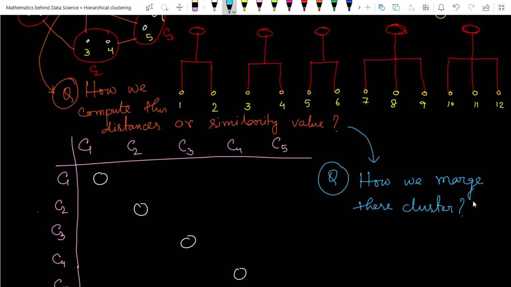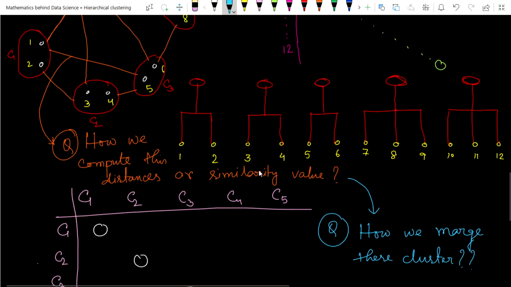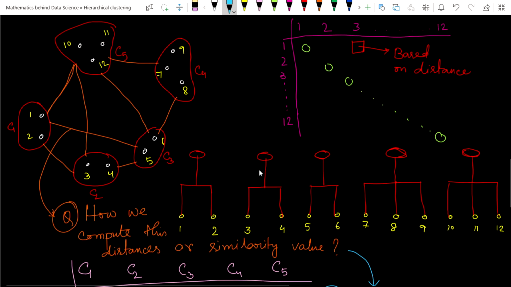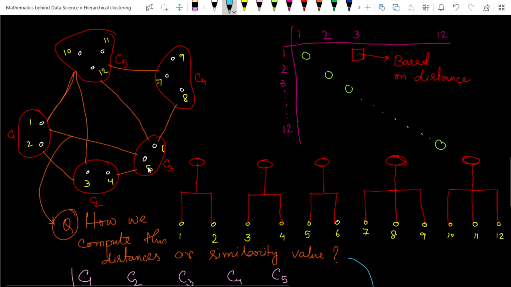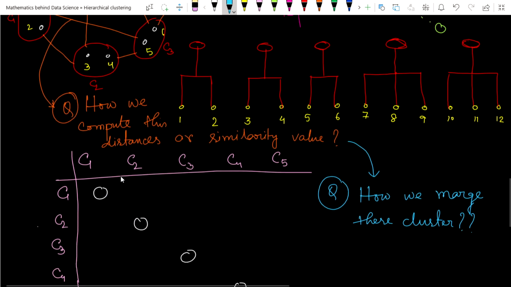That's the second question that comes into our mind. We'll see these things in the next video: how to compute the distances or similarity between two different clusters, and after computing this, how we'll merge them. We'll see these things in the next discussions.